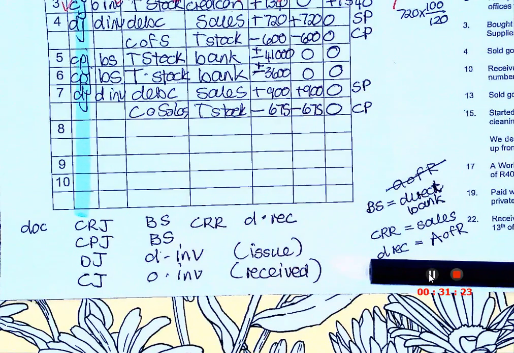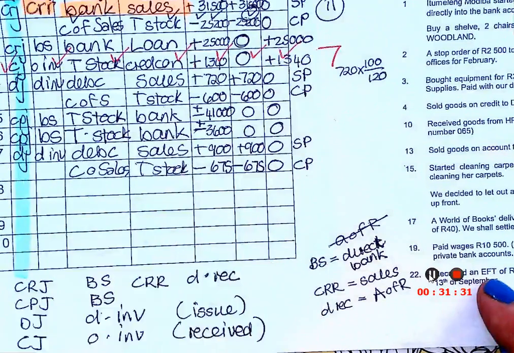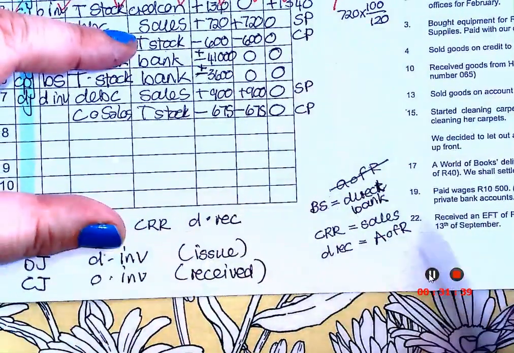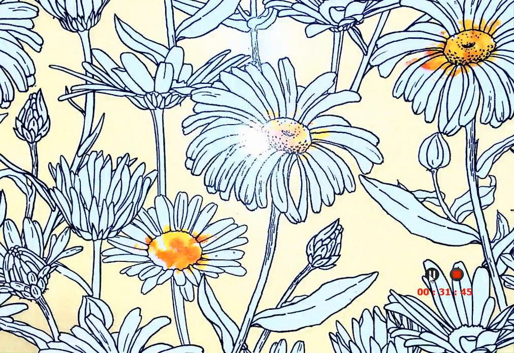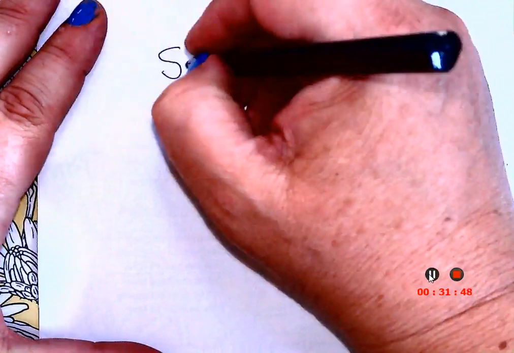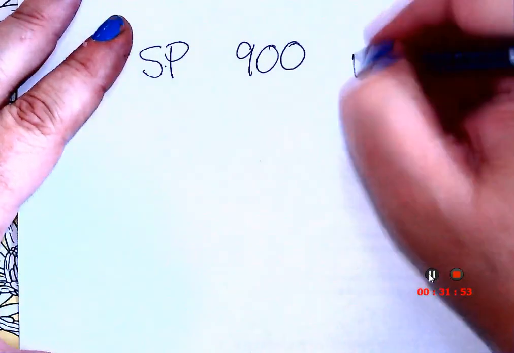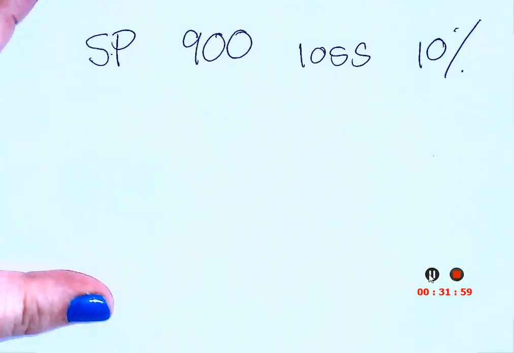Okay. Can I ask you something else? And this is now for those of you who like numbers. Let's say, please listen, can you see here I worked out my cost price? Now let's say, just to see if you understand the concept, my selling price is 900, and I made a loss of 10%. How will I calculate my cost price? Who wants to try?